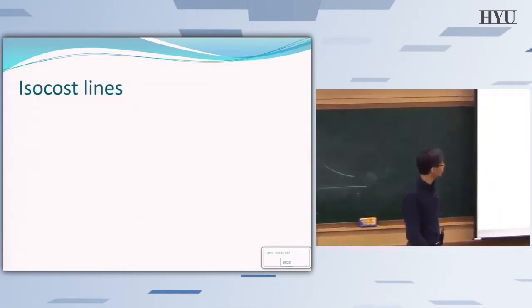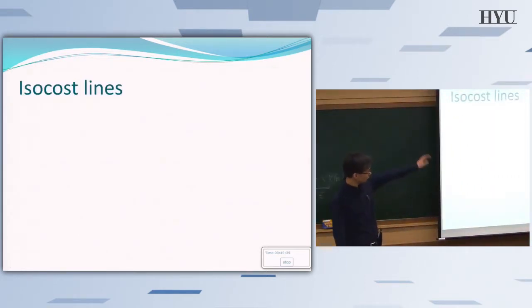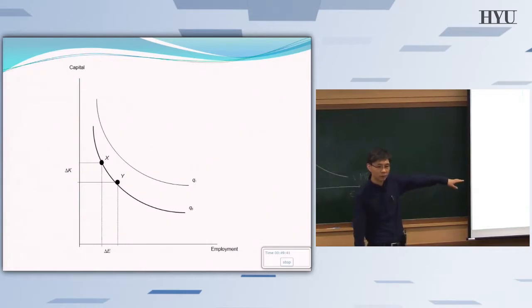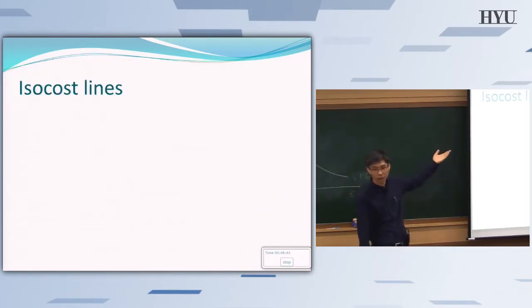Then we need another thing. Here we talked about the quantity of output. Now let's talk about cost. So we introduce the concept of iso-cost lines, and iso means equal, right? So iso-cost is equal cost.